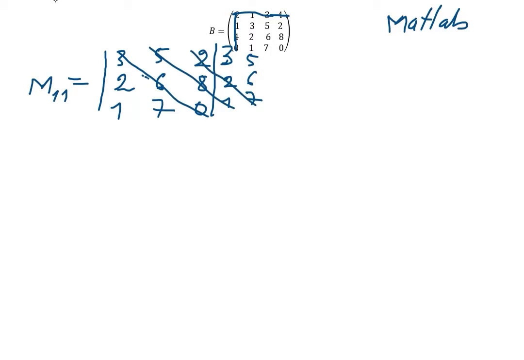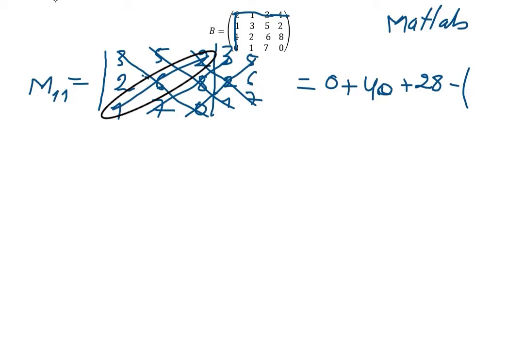So it will be 3 times 6 times 0 is 0, 5 times 8 is 40, 0 plus 40, plus here 2 times 4 times 7, so it is 56. Minus the elements here: 2 times 6 times 1, plus 3 times 8 times 7, plus 5 times 2 times 0.